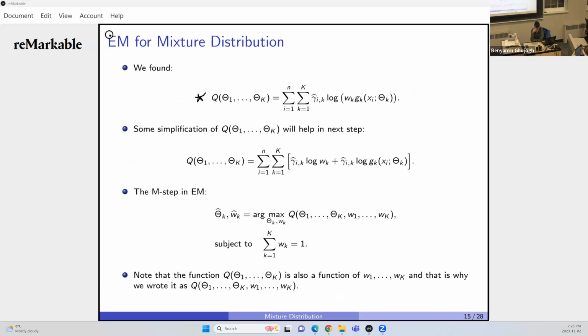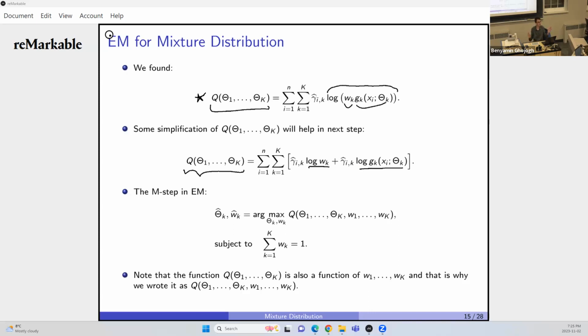Now let's simplify it a bit because it will help later. So I have Q of theta 1 to theta k as I have it here. What are we doing here? The logarithm of A times B is the logarithm of A plus the logarithm of B. So the logarithm of W times G, I can write as the logarithm of W plus the logarithm of G.